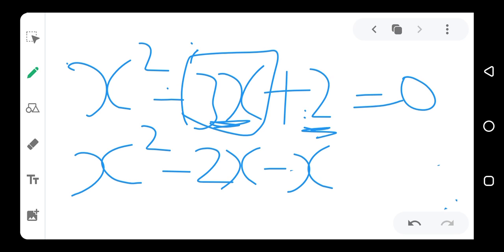We are using them to replace minus 3x, so we add x to each of them, and 1 minus 1x is minus x. Then the 2 at the last still remains where it is, plus 2. Now everything is equal to 0.